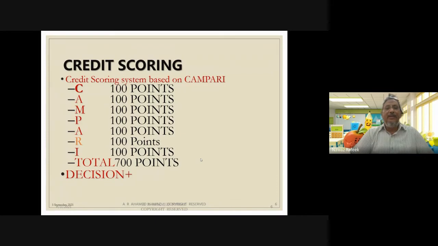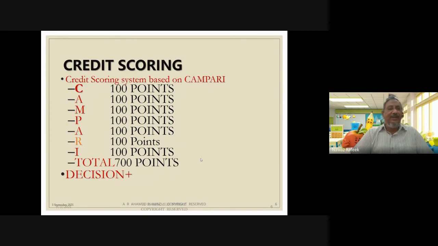Then sometimes we may apply five pillars of analysis for business customers. Likewise. So C: character of the customer, 100 points. That is creditworthiness, willingness to repay, ability to repay, and the customer's past performance.